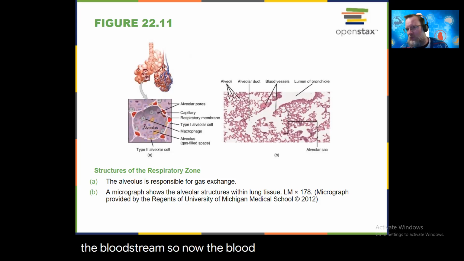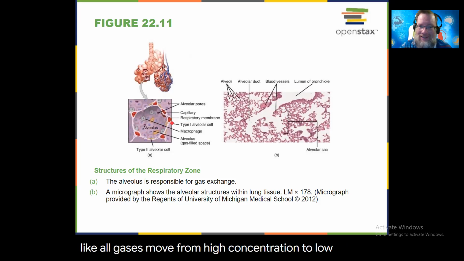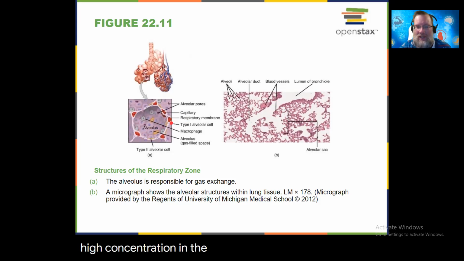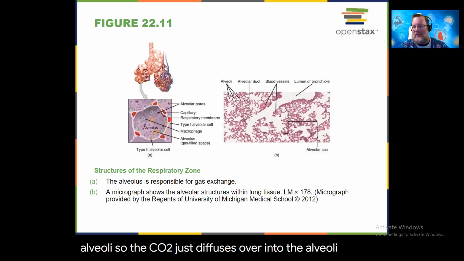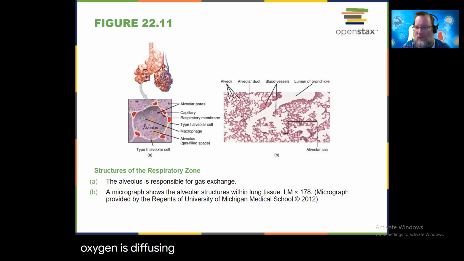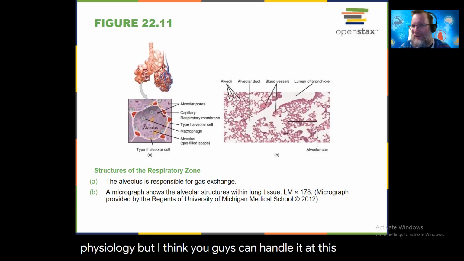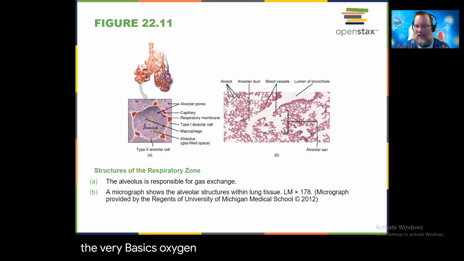So now the blood has more oxygen. CO2, like all gases, moves from high concentration to low. CO2 is in high concentration in the blood, low concentration in the alveoli. So the CO2 just diffuses over into the alveoli as oxygen is diffusing into the blood. So that's a little bit of physiology, but I think you can handle it at this point. The very basics: oxygen, carbon dioxide exchange.